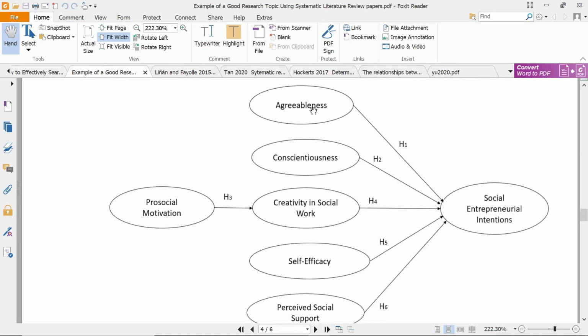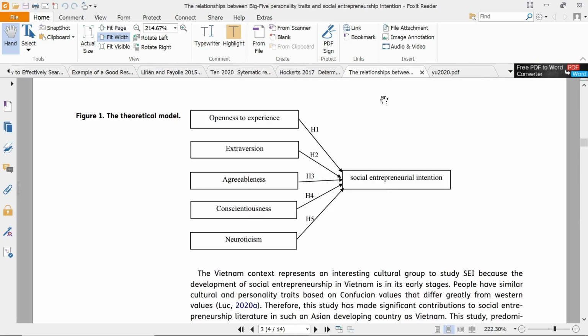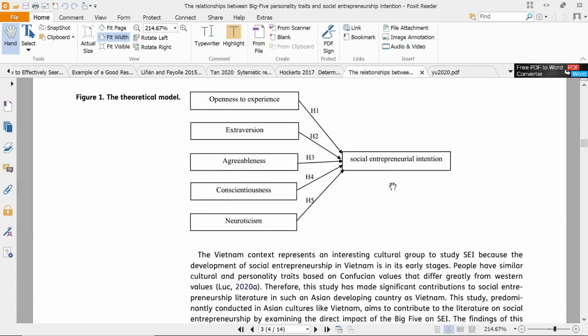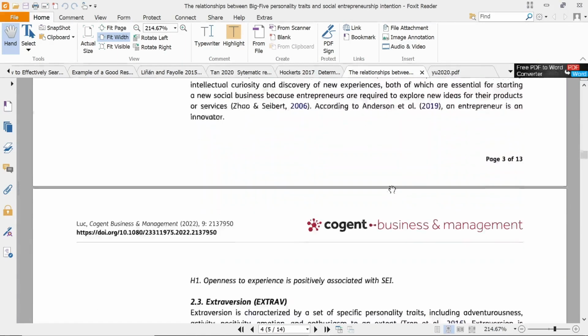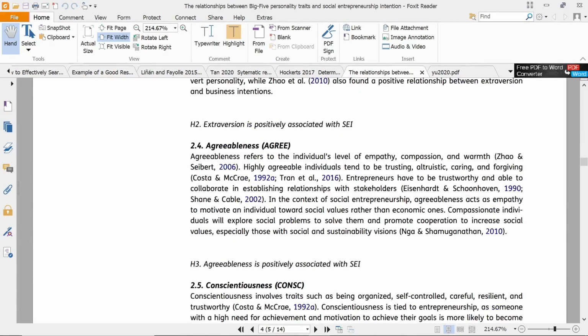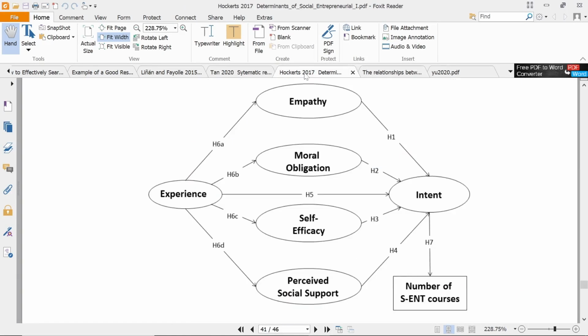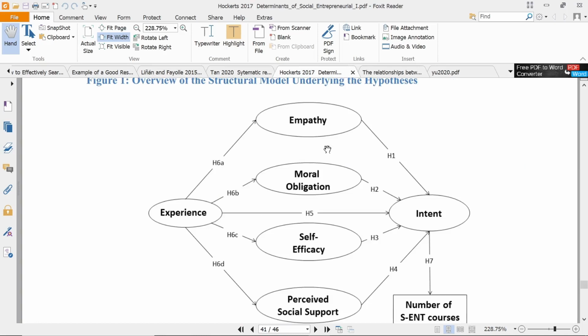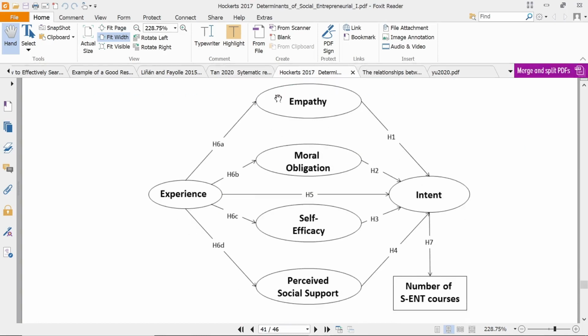Yeah, so agreeableness, it's a trait of the big 5 personality. Let me just talk about agreeableness. Agreeableness refers to the individual level of empathy, compassion, and warmth. So I looked at Hawkins' conceptual model, so I removed this.